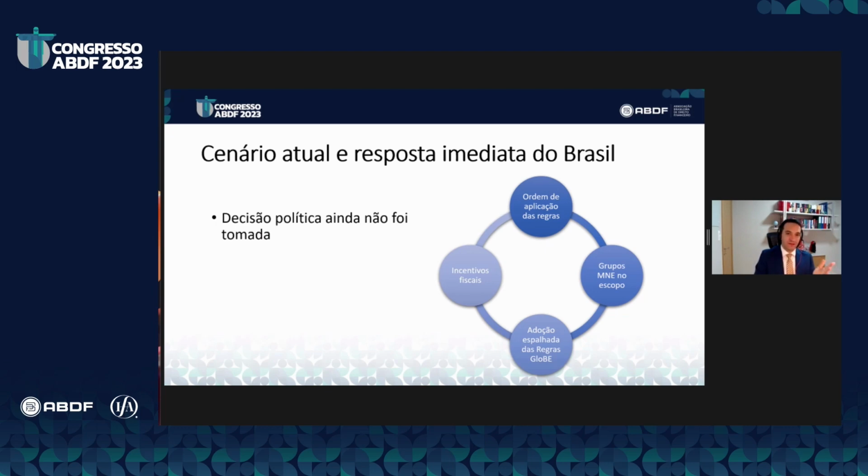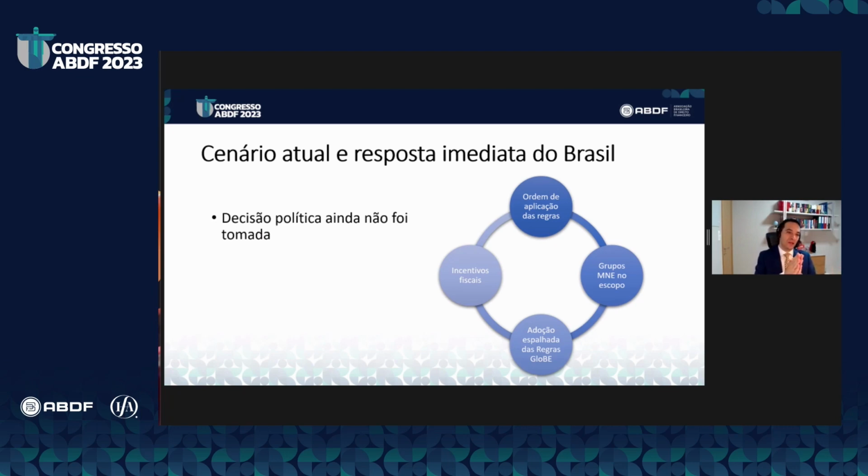Dali provavelmente deve saber disso, mas talvez a Miranda e o John não saibam. O Brasil tem uma alíquota de tributo sobre a renda e sobre o lucro de aproximadamente 34%. Então, à primeira vista, uma alíquota nominal de 34% poderia sinalizar que o potencial de surgir top-up tax ali é muito baixo.